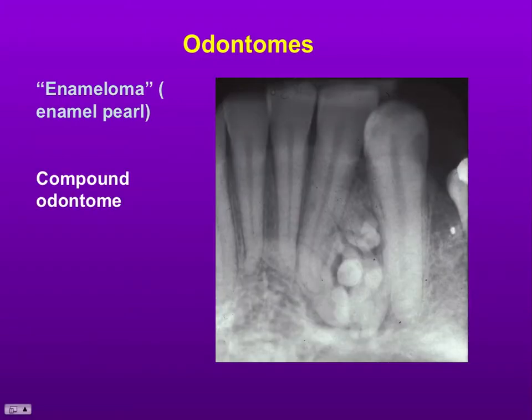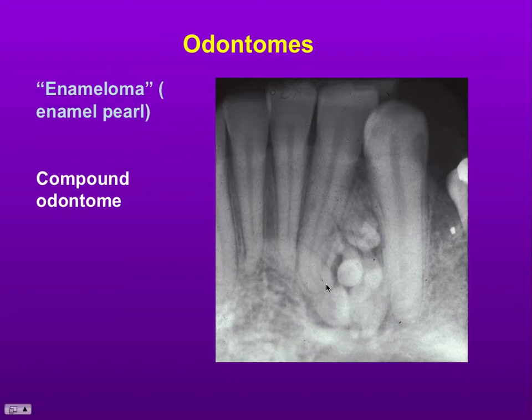A really quite frequent anomaly, and one that you should be able to recognize by pattern recognition, is the compound odontome. This anomaly of teeth presents as a localized area, typically no bigger than 1 centimeter, of denticles, small, independent, tiny teeth within a fibrous sac, and that's the radiolucency around the edge, typically developing in the anterior parts of the jaws.